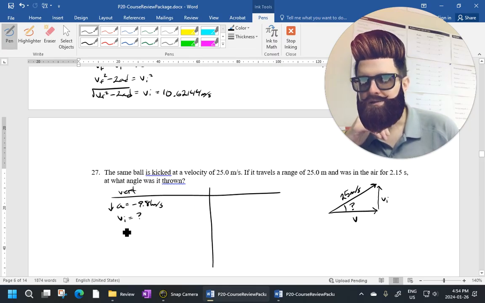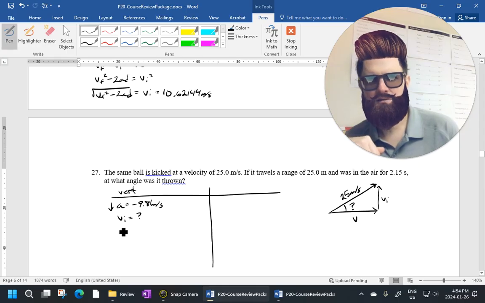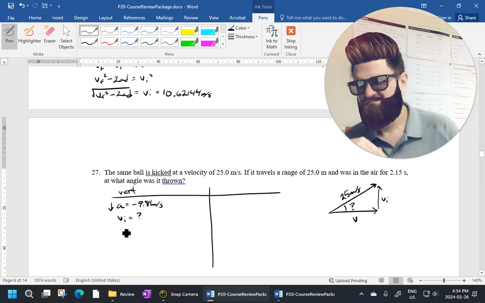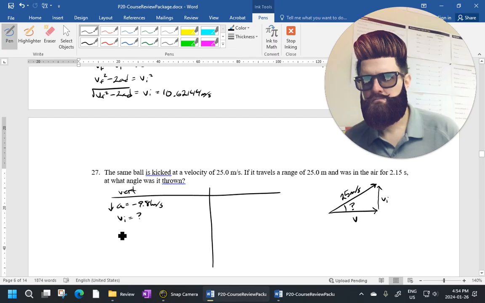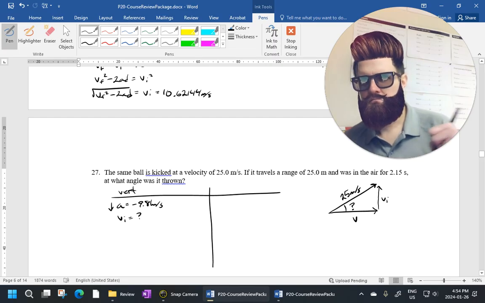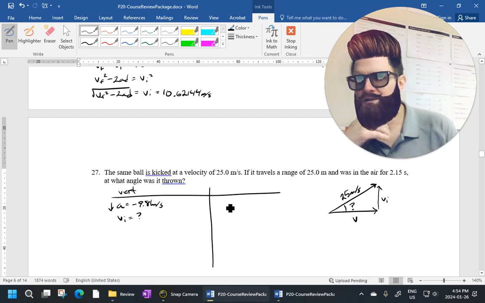What else do we have here? I don't have anything else. It doesn't talk about max height. I guess it could come back down to the ground, but this talks about range and doesn't say that it comes back. Nothing there.